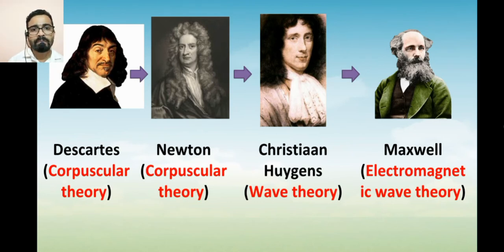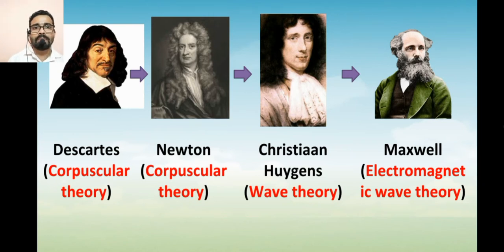In the beginning, Descartes gave the corpuscular theory. I already told you, corpuscular theory was actually proposed by Descartes, and he said that light travels in the form of tiny particles, very small particles, and he named them corpuscles.